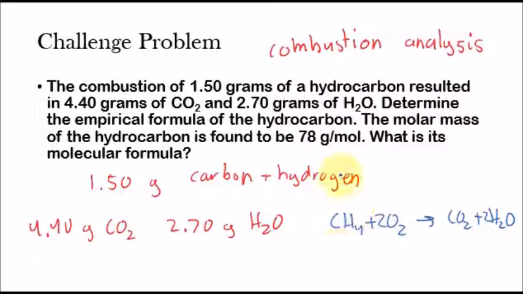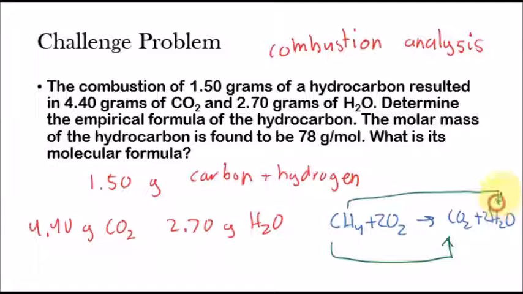What the important point to take from this is that all the carbon within the hydrocarbon is going towards CO2. Okay, it's just being transferred to CO2. It's nowhere else. And all the hydrogen from the hydrocarbon is being transferred to water.